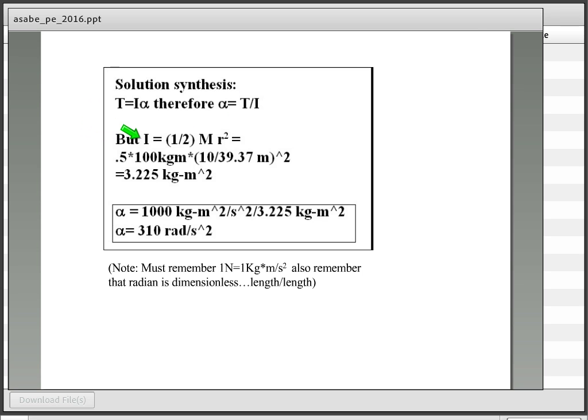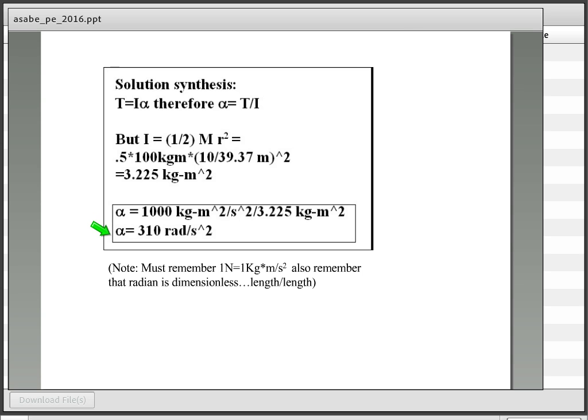And we can calculate the mass moment of inertia based on our definition we just had, 1/2 mr squared, which gives us 3.22 kilogram meters squared. That allows us to calculate the angular acceleration as being 310 radians per second squared.